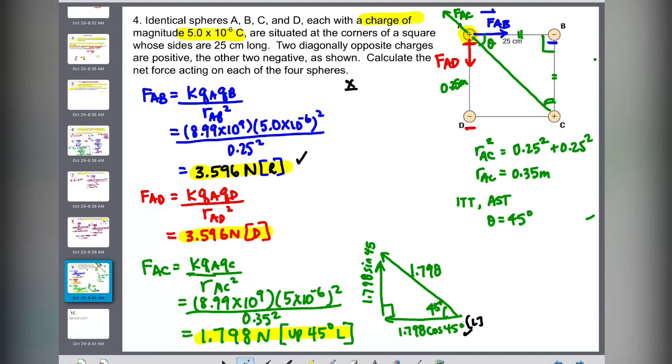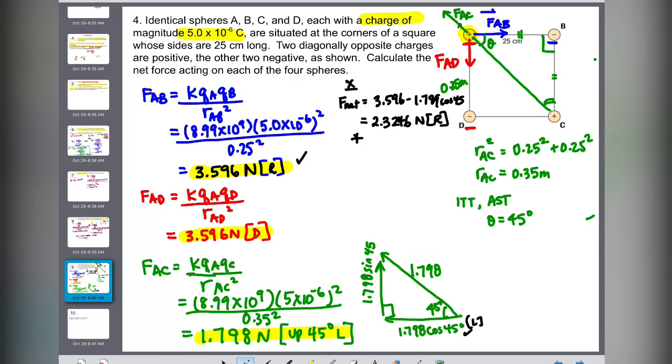So the F net along x is going to be 3.596 minus 1.798 cos 45. So this is 2.3246. I'm just going to write that. And that one is right and left. Right is bigger, so I'm going to have right.